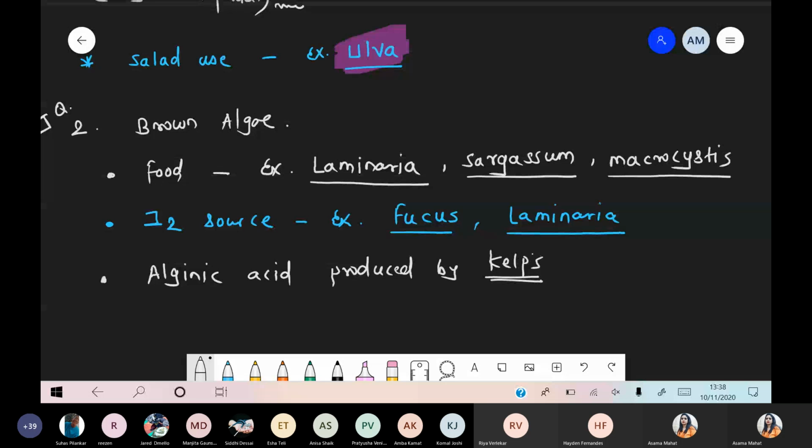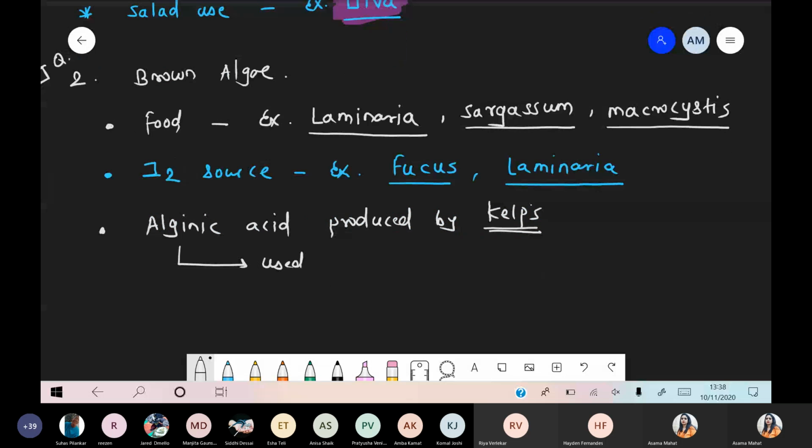And the use of this alginic acid is as an emulsifier. So we are talking about the two major economic importances. Number one, iodine source, and number two, alginic acid. Alginic acid is obtained from the kelps, and for the iodine source, two examples: Fucus and Laminaria.